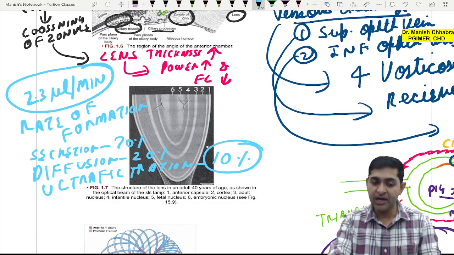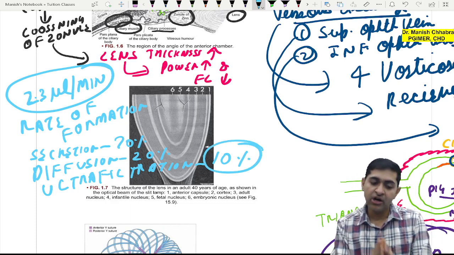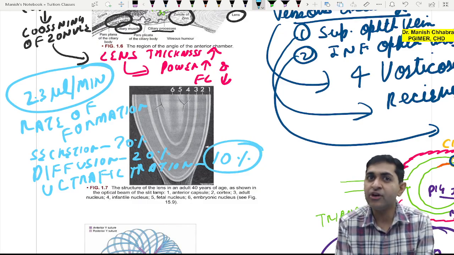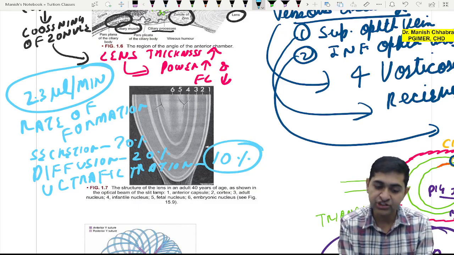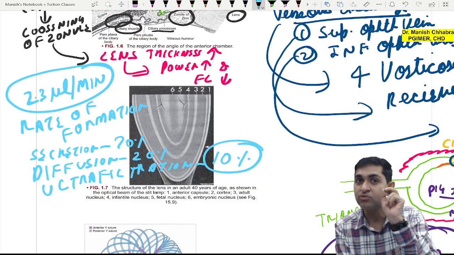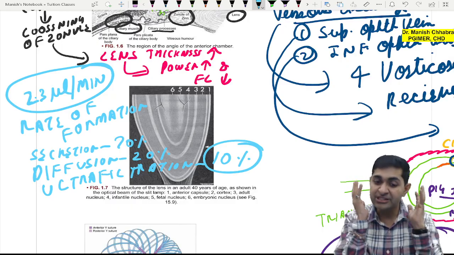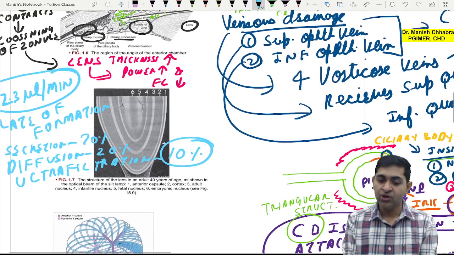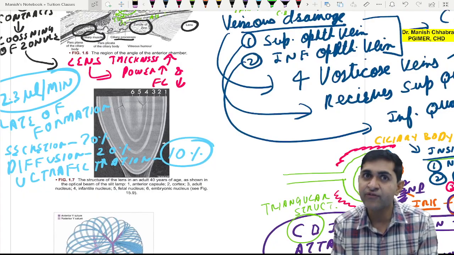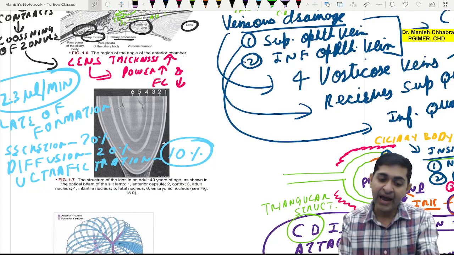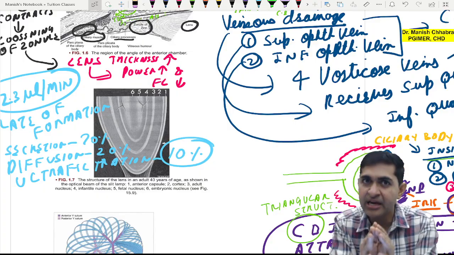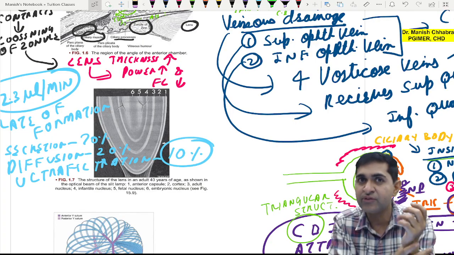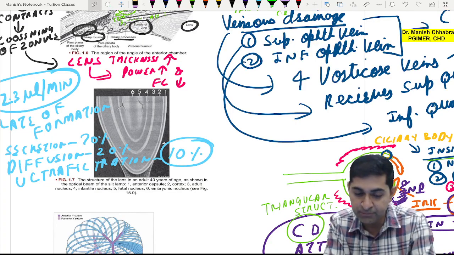Which is the most important way of formation of aqueous humor? Secretion, diffusion, ultrafiltration. You are going to mark secretion because it forms 70% of the total formation of aqueous humor, and it is secreted by pars plicata cells of non-pigmented epithelium of ciliary body.